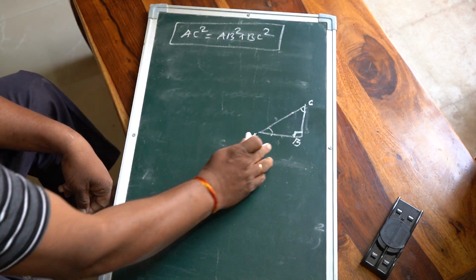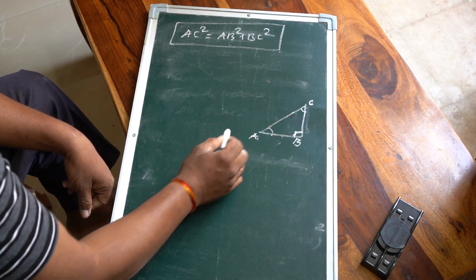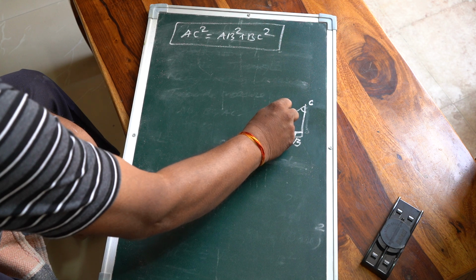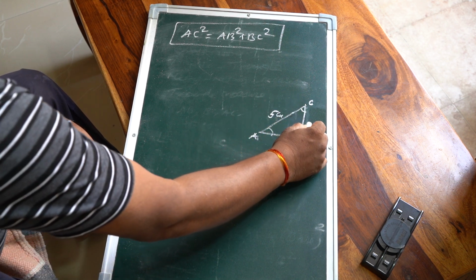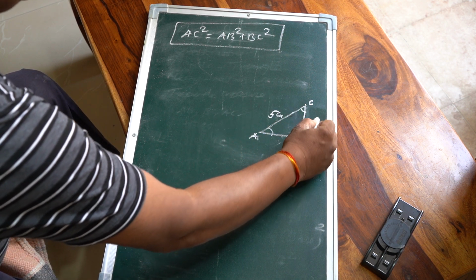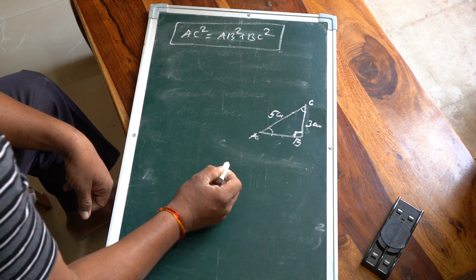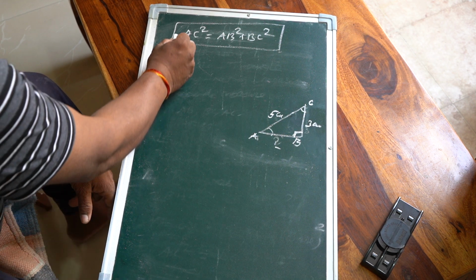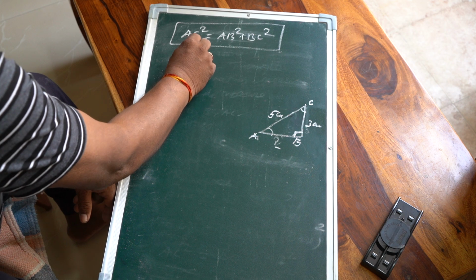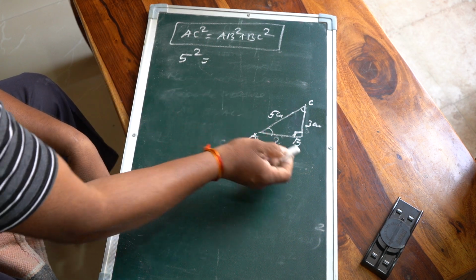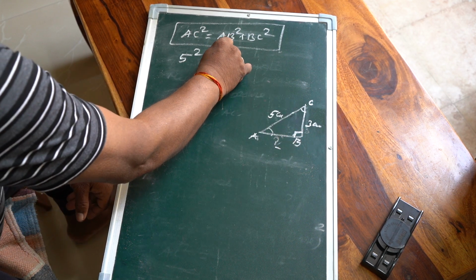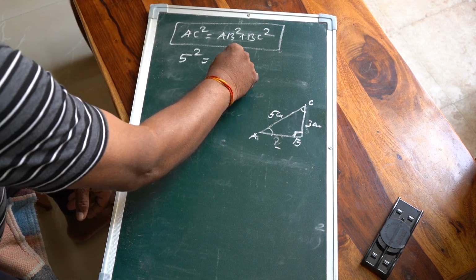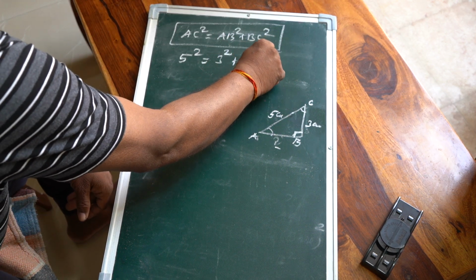For example, AC equals 5 centimeters and BC equals 3 centimeters. What is the value of AB? AC square equals 5 square, BC square equals 3 square, and the remaining is AB square.